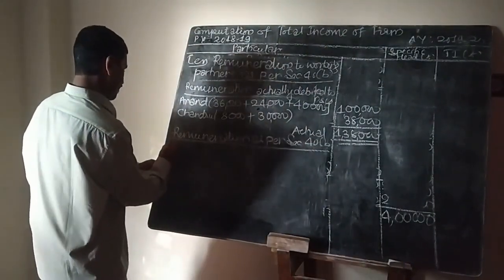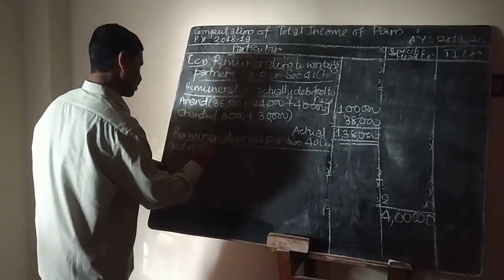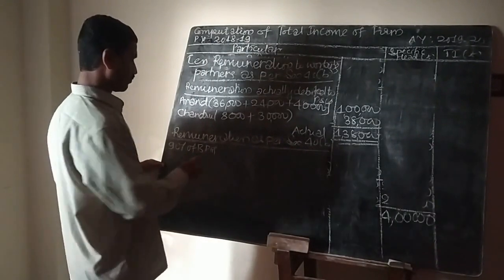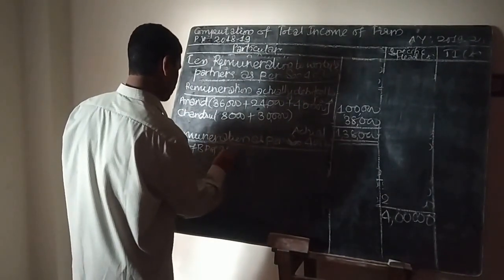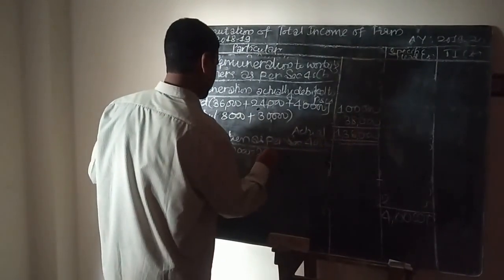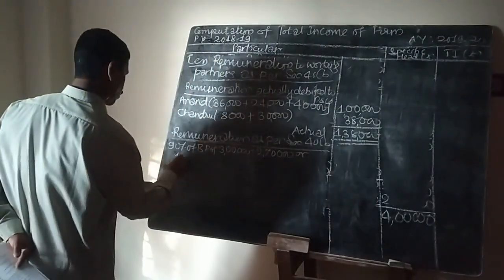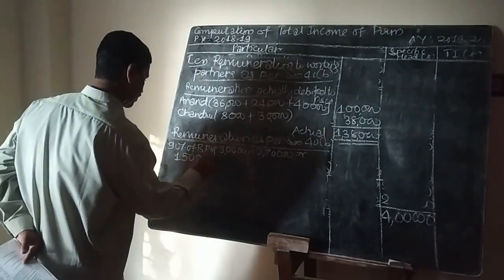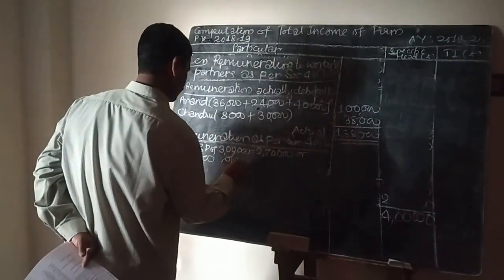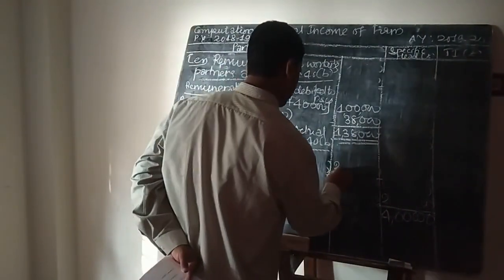Here, 90% of book profit: first we take book profit of rupees 3 lakhs. 90% of 3 lakh comes to 2,70,000, or rupees 1,50,000, whichever is more, that means here it is 2,70,000.